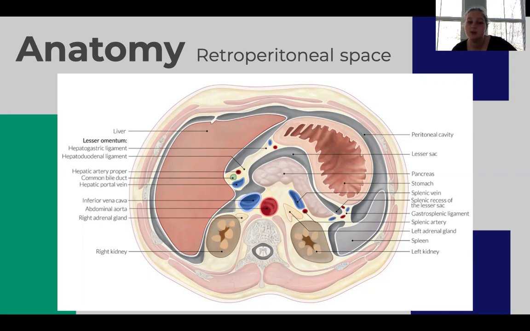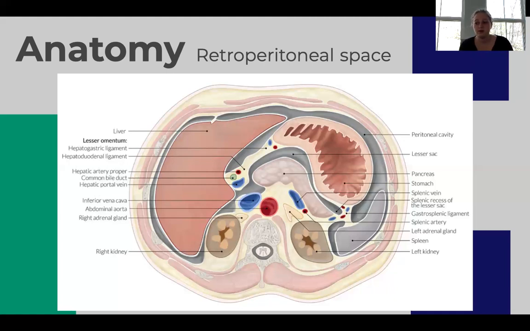Most of it's labeled, but those little triangles above the kidneys are the adrenal glands, and above the aorta, that little bulby looking organ is the pancreas. All of these are enclosed in the retroperitoneal space.